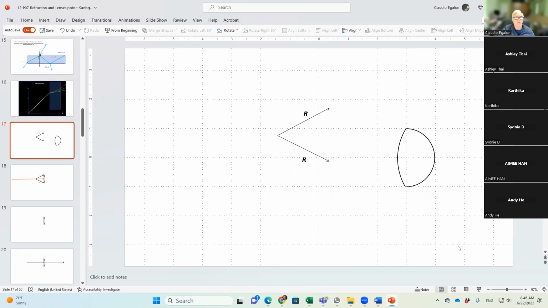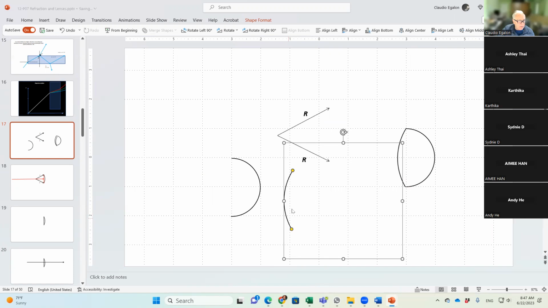Okay, biconvex lens, like that. But like I said, we can have a convex concave lens. That's one surface, and I'm going to use this other surface, but don't forget this one has a larger radius of curvature.